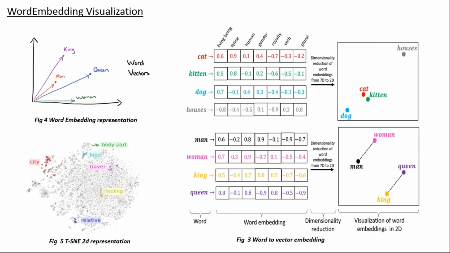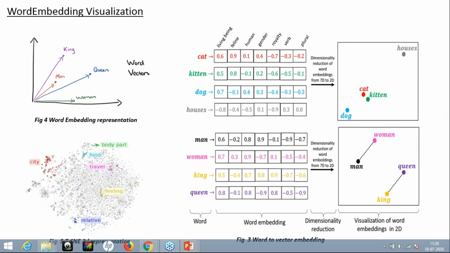Okay, so this is a small representation of word embeddings, how it works. Once you feed in certain words, let us say using any sort of word embedding technique that you have seen in the previous slide, you can represent them rather than as one hot vector, in terms of different features. For instance, living being, feline, human, gender, royalty, verb, plural; these are certain features or dimensions that you can represent the words with.